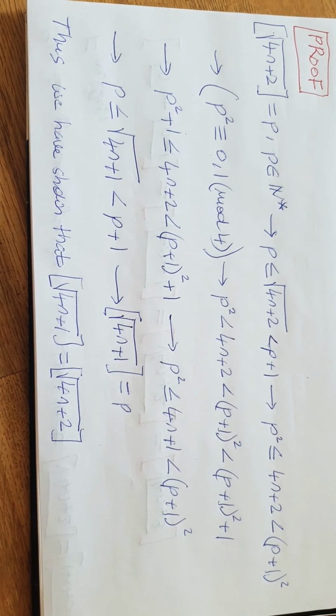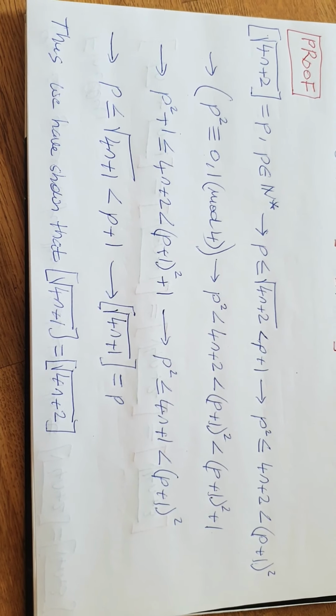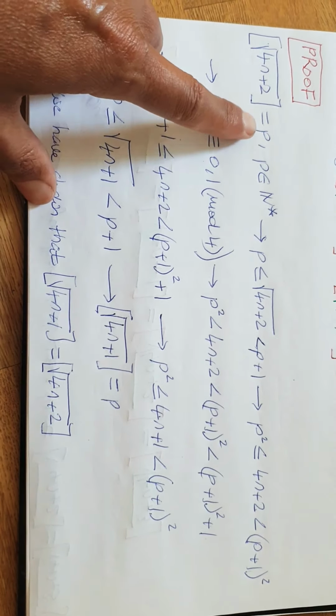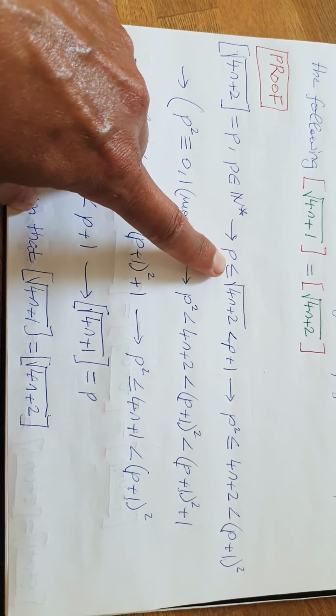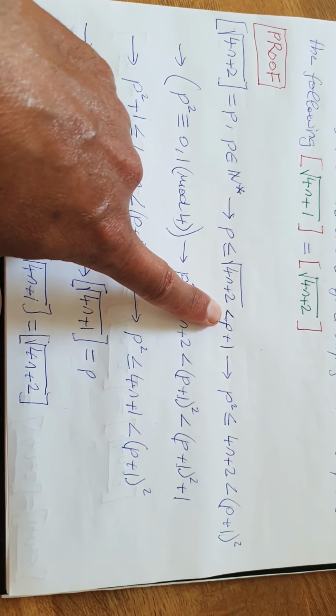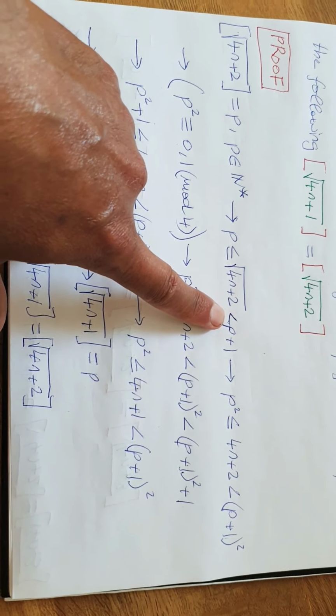So we let the integer part of the square root of 4n plus 2 be equal to p, where p is a natural number different from 0, and by definition of the floor function, this means that p is less than or equal to the square root of 4n plus 2 and strictly less than p plus 1. And by squaring, we get p squared is less than or equal to 4n plus 2, strictly less than p plus 1 squared.